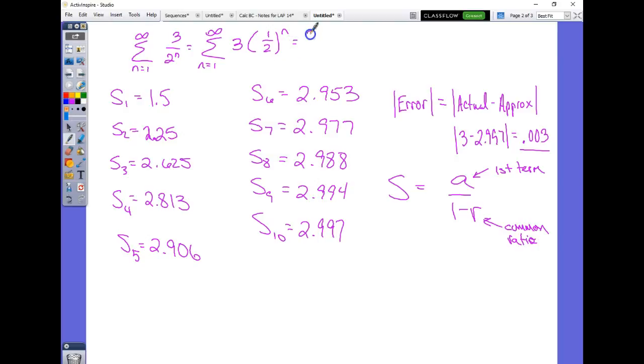If we start at 1, we saw that this was 3/2 plus 3/4 plus 3/8 plus 3/16, and so on, right? So our first term in this particular problem would have been 3/2. And what are we multiplying each one of these terms by? 1/2. Well, what's 1 minus 1/2? What's 3/2 divided by 1/2?